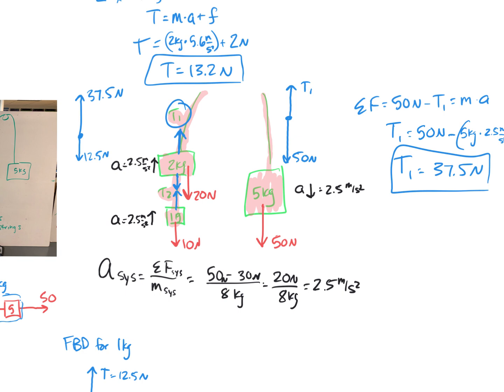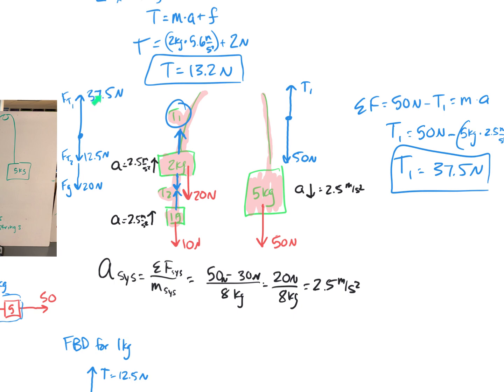And there's an additional downward force on this 2 kilogram block coming from gravity of 20 newtons. So this is force of gravity, this is force of tension 2, this is force of tension 1. So that 2 kilogram block has two different pulling down forces. It has a 20 newton force pulling down, and it also has that tension in the rope pulling down.